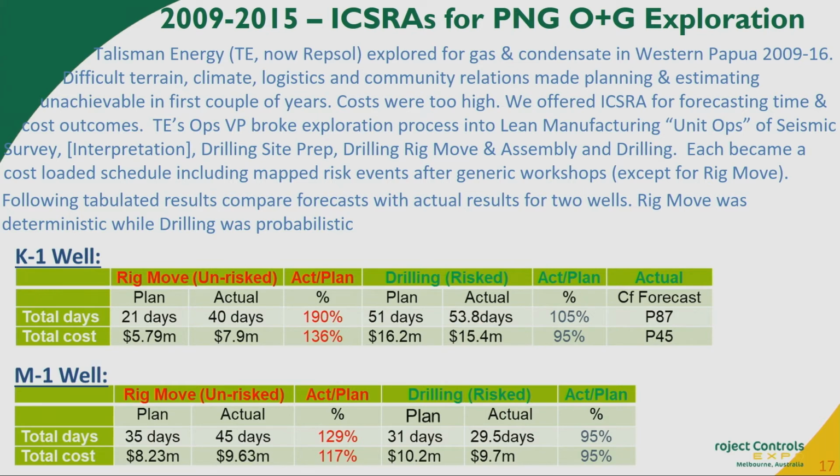The drilling, they did as a risked analysis, and you can see the contrast with two different wells between the non-risk analysed model, which was just linear programming, and the probabilistic forecasting, which was either within the budget or just slightly over.